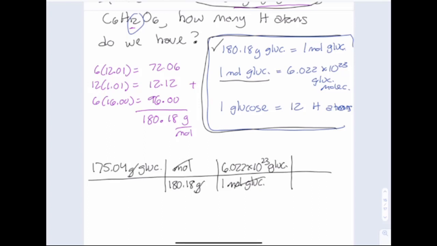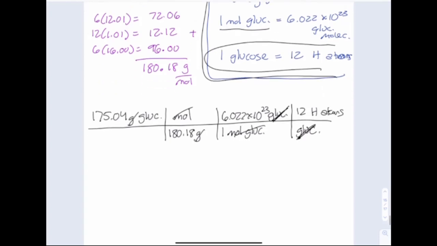And then my last one, since glucose compounds are on top, glucose compounds are going to go on the bottom. So glucose cancels with glucose, and then 12 hydrogen goes on the top, right? So this glucose is canceling with this glucose.